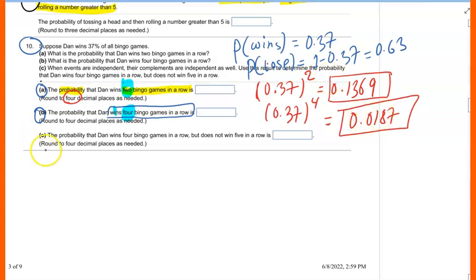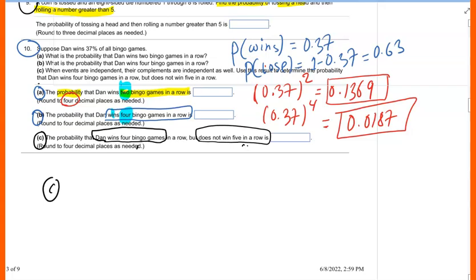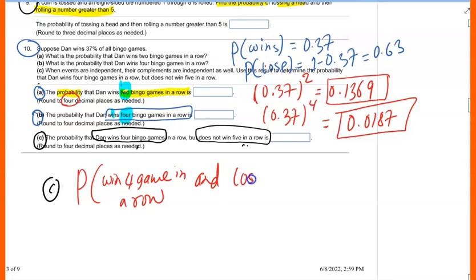Part C. What's the probability that Dan wins 4 bingo games in a row but does not win 5 in a row? That means we're looking for the probability that he wins 4 games in a row and loses the 5th. That's what we're looking for.